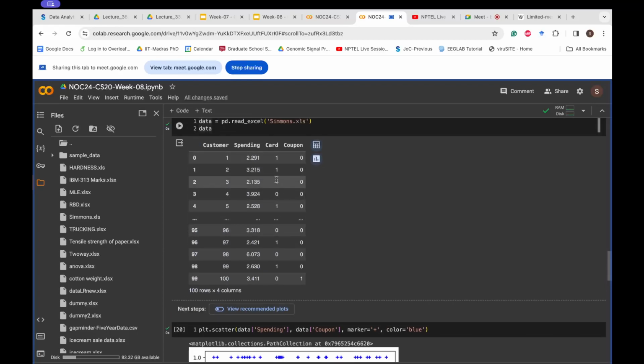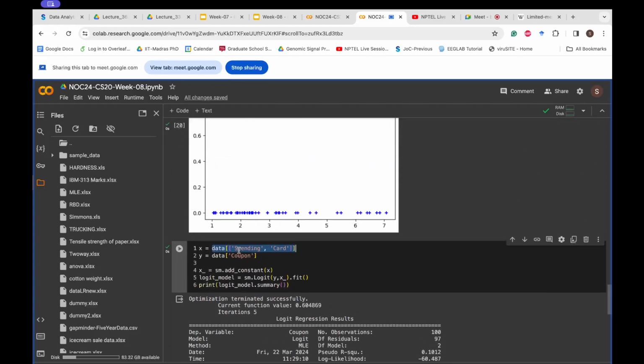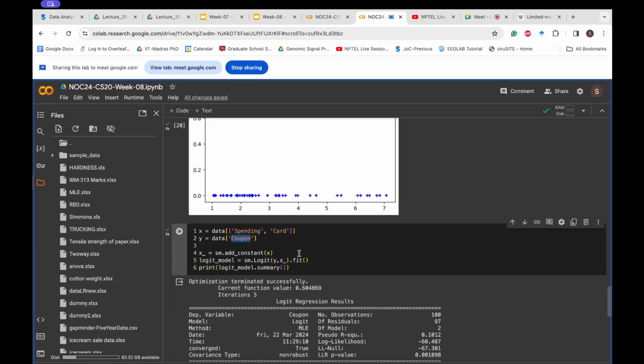If it were like yes, no, maybe, then you will have to have 1 0, 0 1 and 0 0, and you will have to pass in 3 variables in this case, like spending, x0, x1 sort of, and the dependent variable is coupon being used or not.